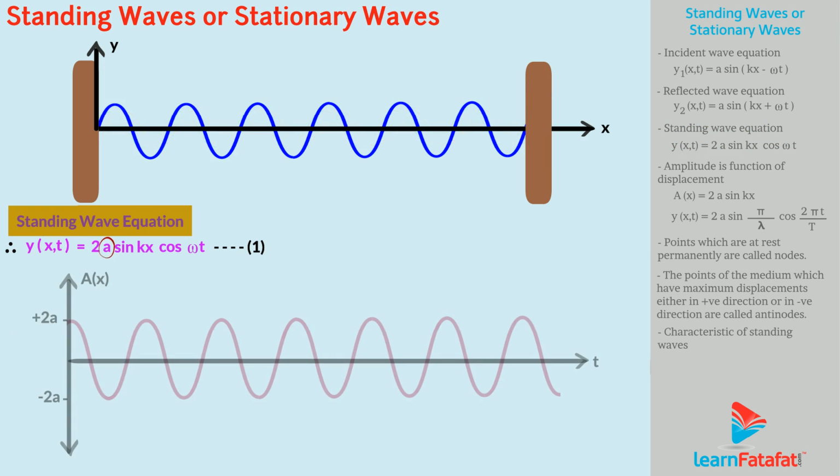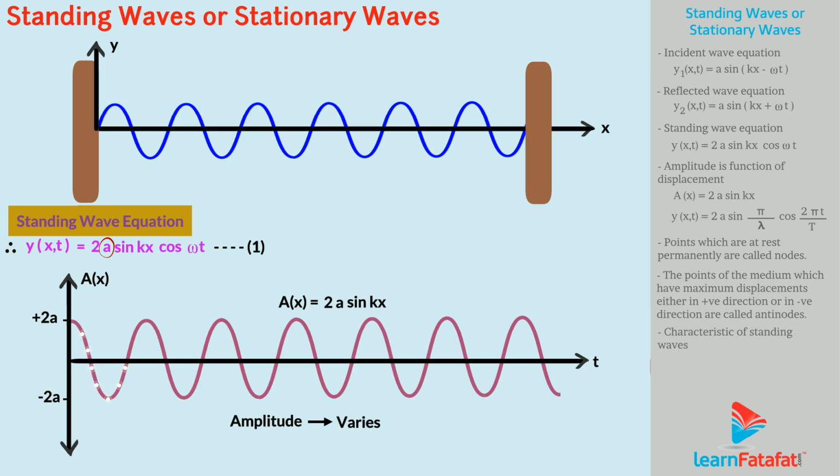Here, the amplitude is a function of displacement, that is, A(x) = 2a sin kx. So the amplitude varies from point to point, but ω remains constant at all points.